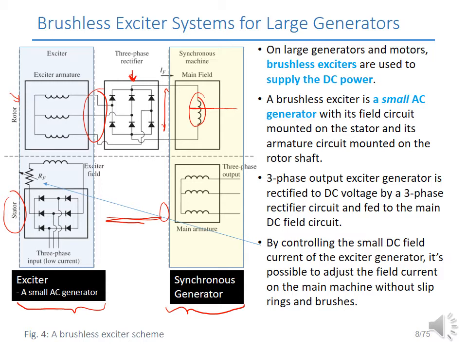Okay, and then by controlling the small DC field current of the exciter generator, it's possible to adjust the field current on the main machine without slip rings and brushes.